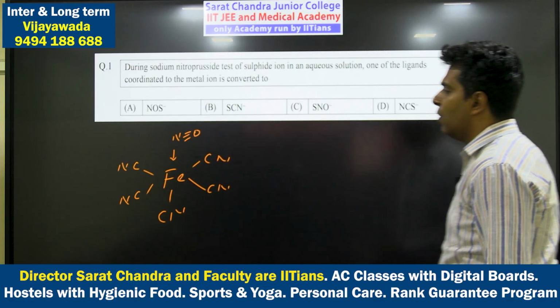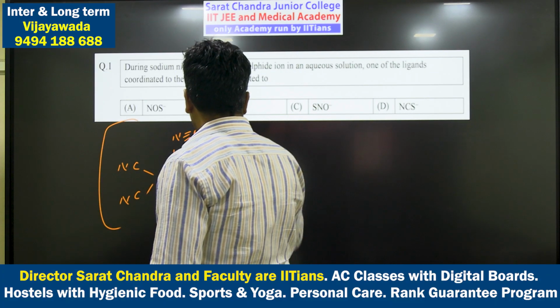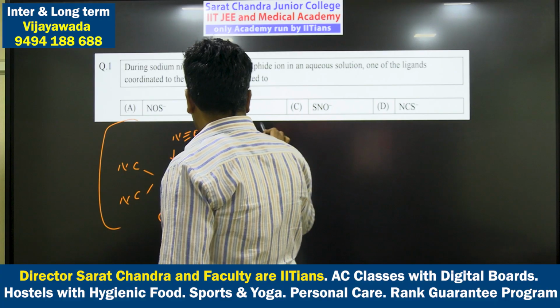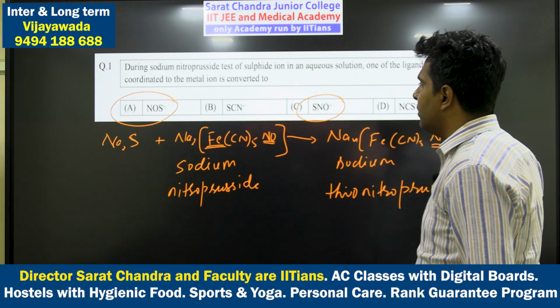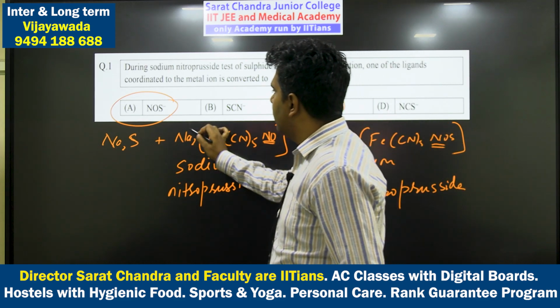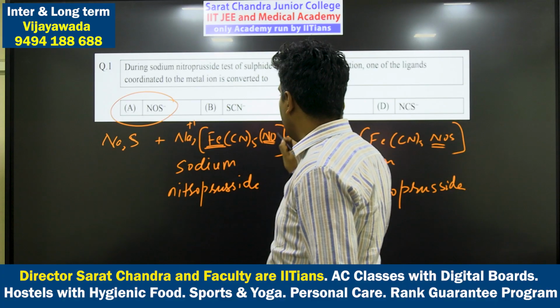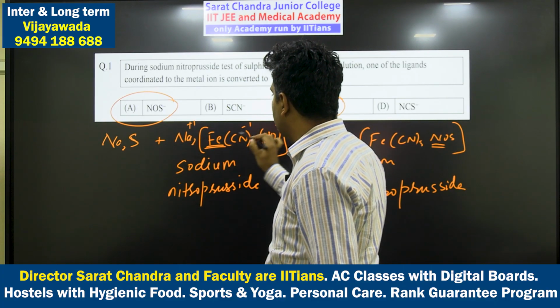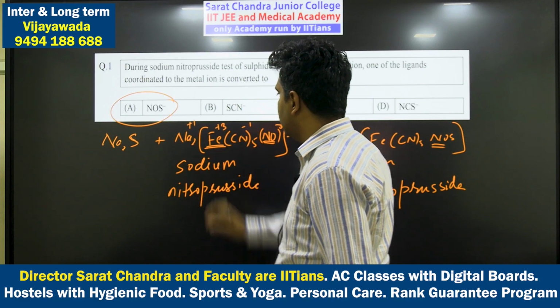So this is the complex [Fe(CN)5NO]. The charge is 2 minus. NO is neutral and cyanide is -1, so iron here is in the +3 oxidation state.